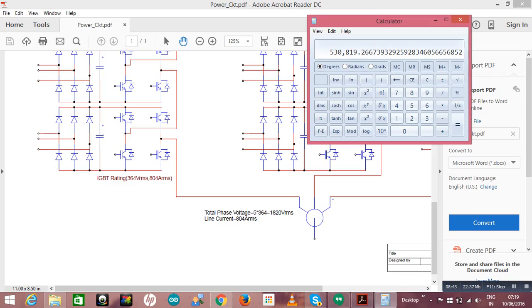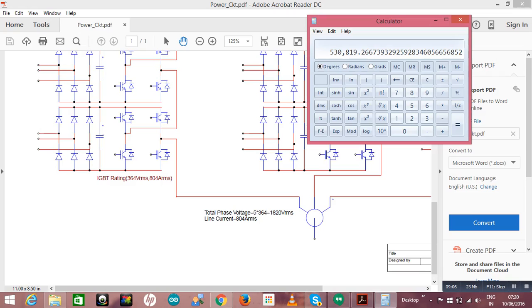This is the transformer requirement, because it is drawing that much current. So around 530 kVA, and for this we require 15 such transformers.